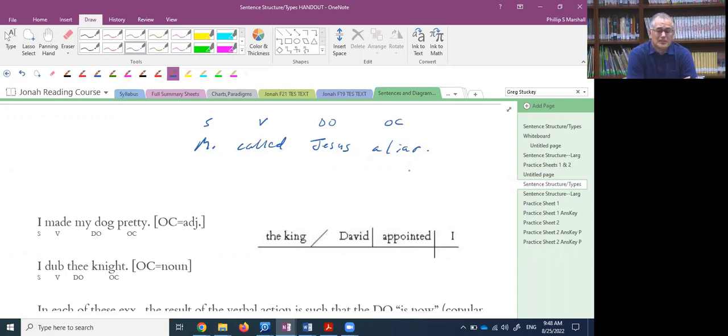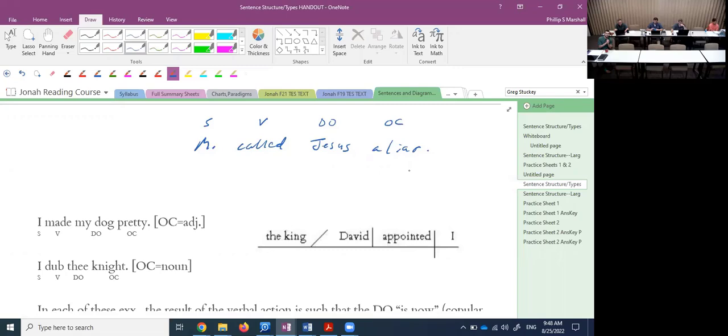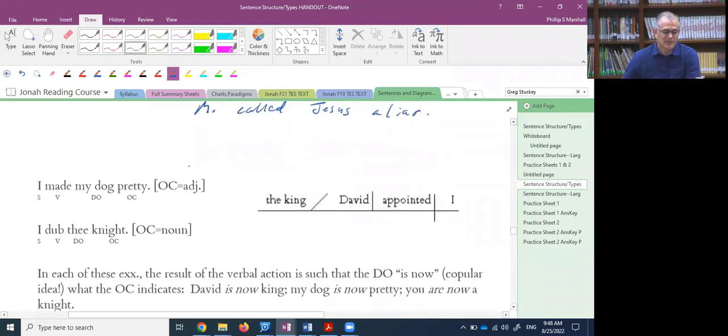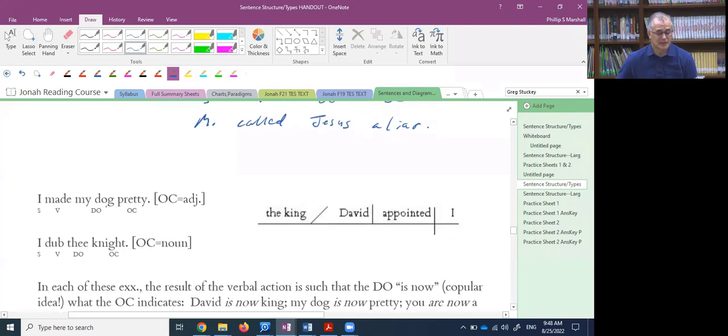Yes, but just because Mark calls him one doesn't necessarily make it so, right? So I say that to say, in most cases, the verb effectuates some change of role or characteristic for the direct object, and whatever that new role or characteristic is, is the object complement. But it's not always the case, at least in terms of reality, right?